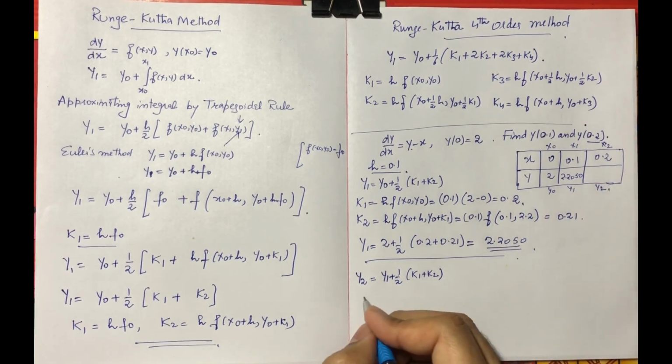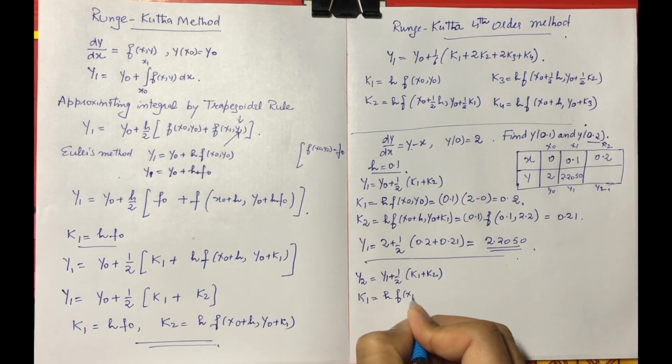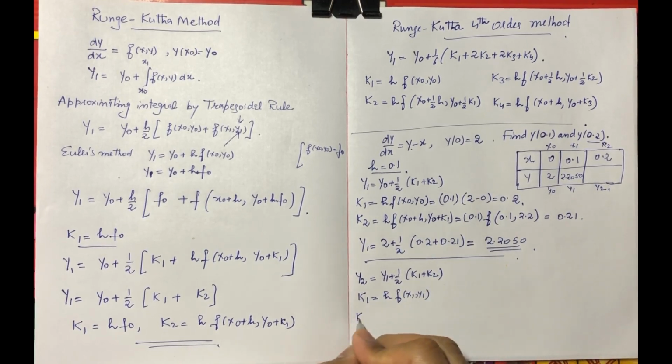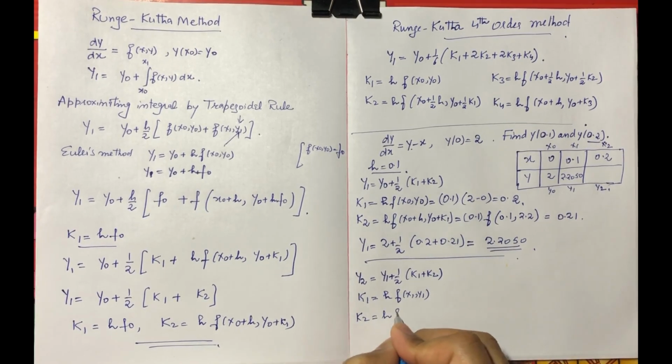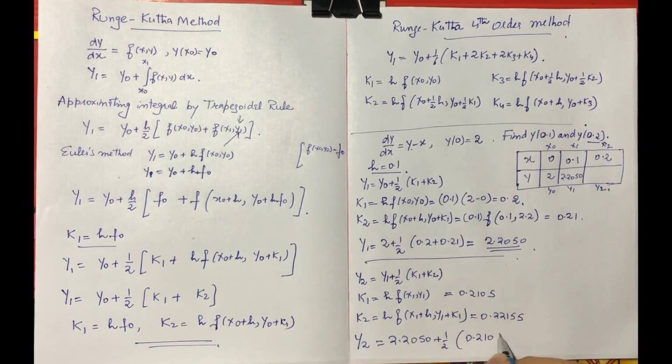So we substitute here, k1 is h f(x1, y1) and k2 is h f(x1 plus h, y1 plus k1), and after solving this comes out to be 2.4210.